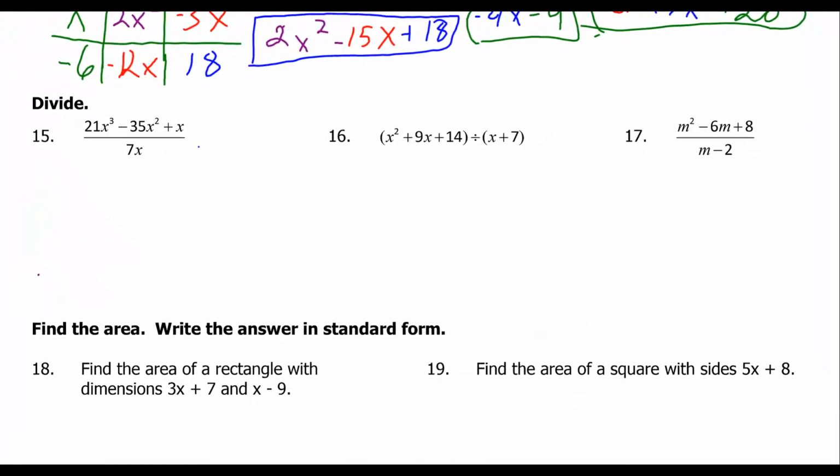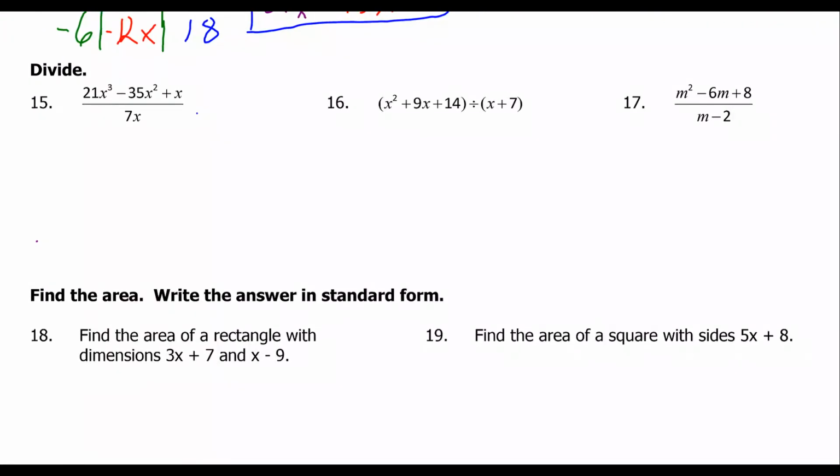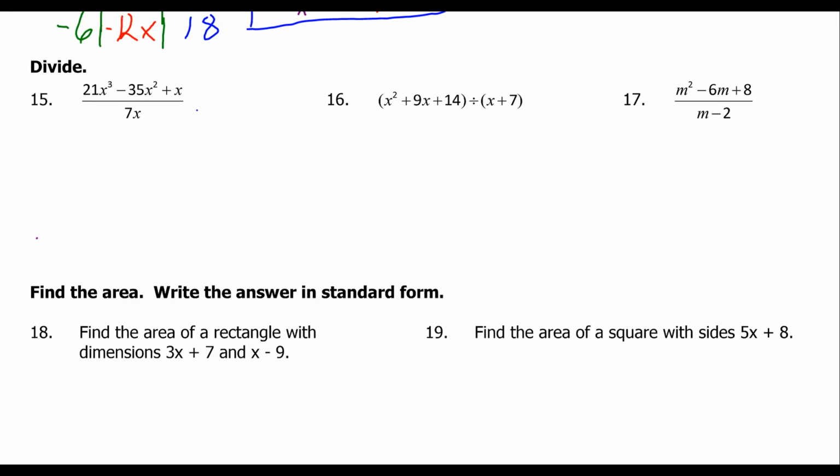Now, the last little bit that we've studied in this unit was dividing polynomials. And this, whether some of y'all like to admit it or not, gave some people some trouble. Now on this first one, the way that I like to do it is break it apart into 3 individual problems.